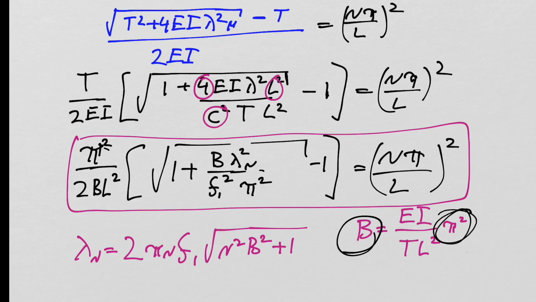and this is the solution that you should get if you solve this correctly. Lambda n ends up being an angular frequency, right? 2 pi times a regular frequency. This is a pure number, right? This all works out to be unitless. And b squared is the inharmonicity constant. So this is what lambda n is, not lambda n squared.